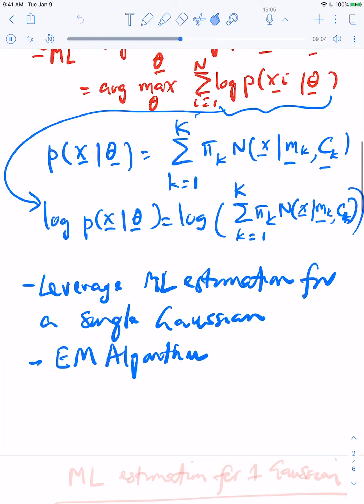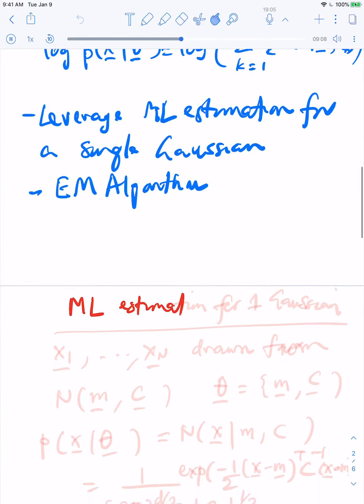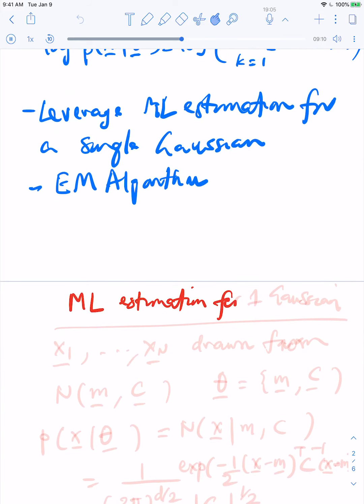Okay, so now let's talk about ML estimation for one Gaussian distribution. So what's our assumption?